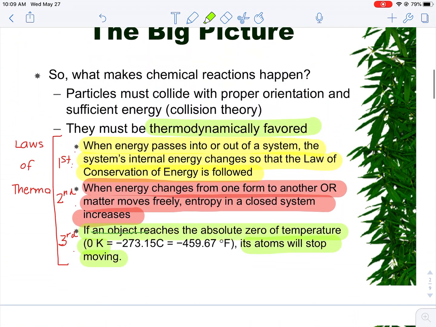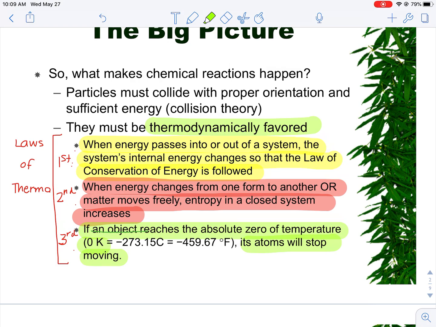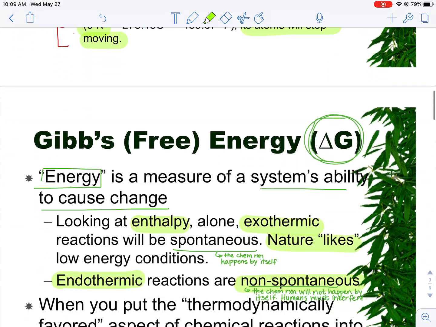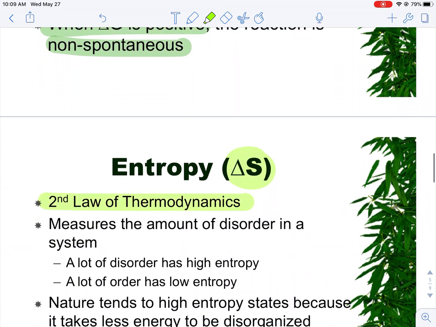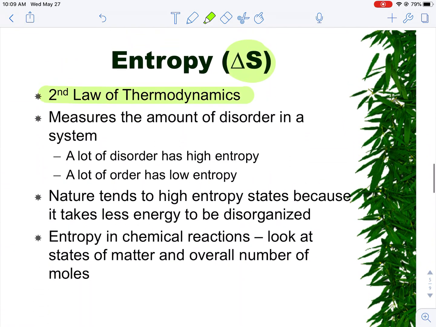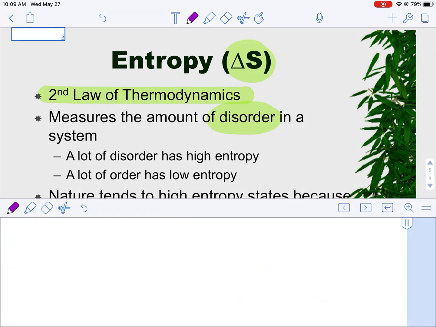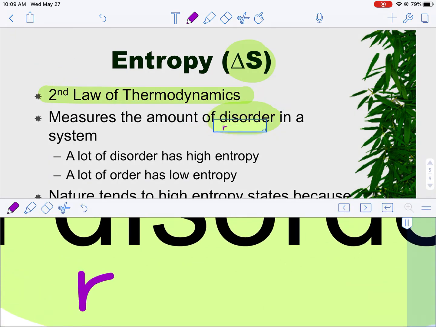Scrolling back up to what we said, the second law says when energy changes from one form to another or matter moves freely, entropy in a closed system increases. Matter moving freely. What we're trying to measure here is the amount of disorder in a system, or randomness. That's another word that people tend to use with entropy. Randomness.